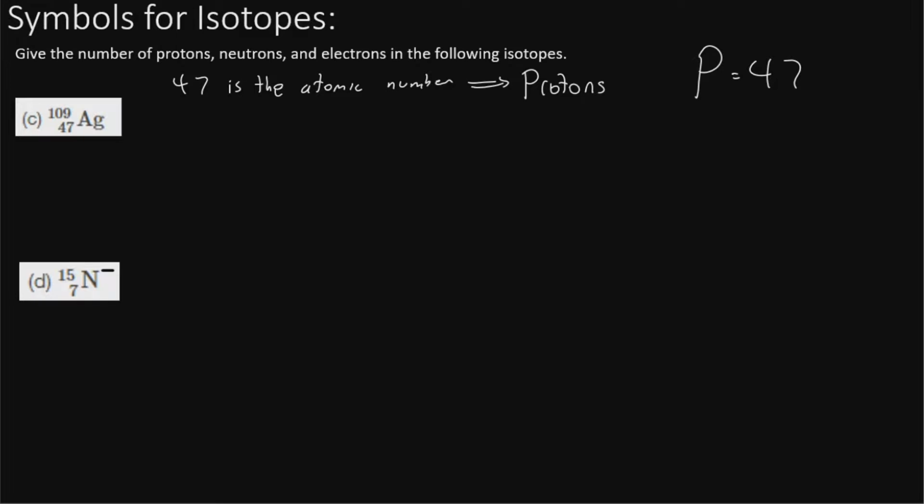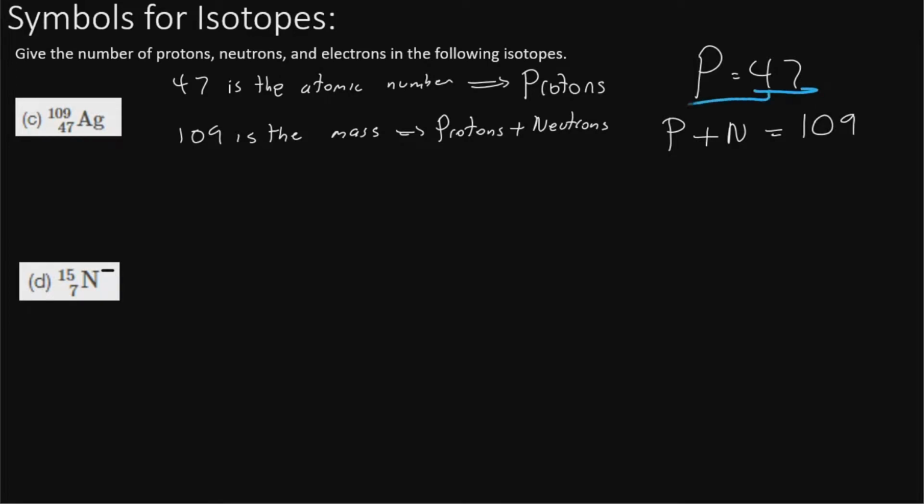Now the mass is 109. Now let's recall that mass is protons plus neutrons. So we can set up an equation that says P for protons plus N for neutrons is 109. But we already know that protons are 47, and so we replace the P with the number 47.